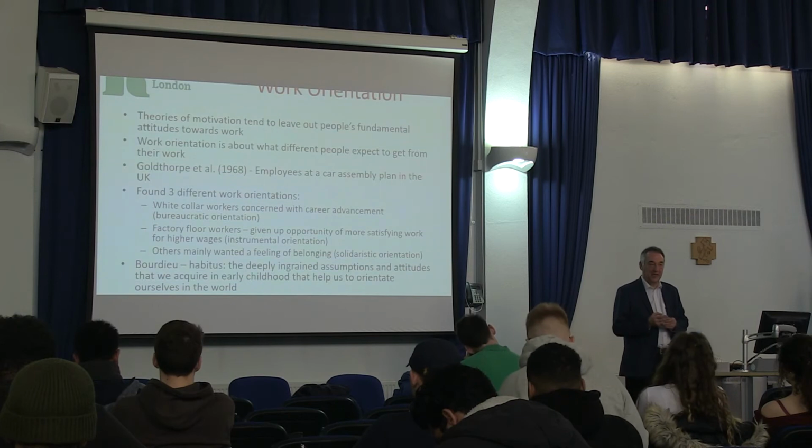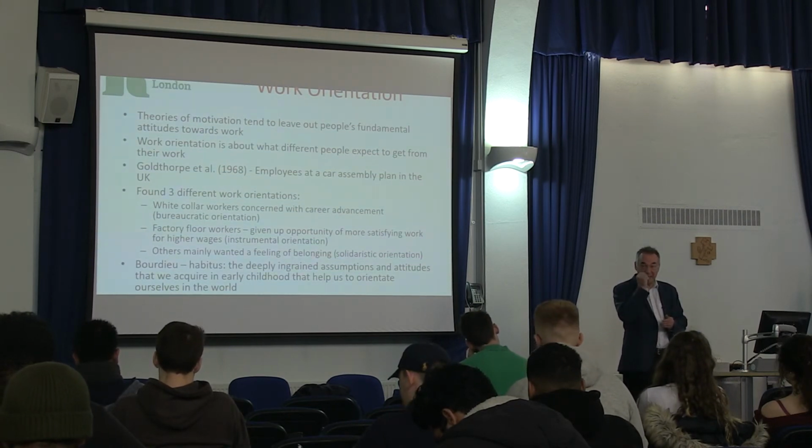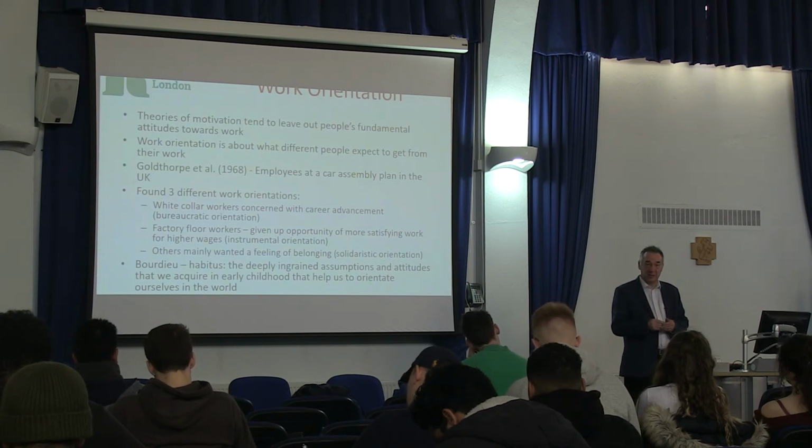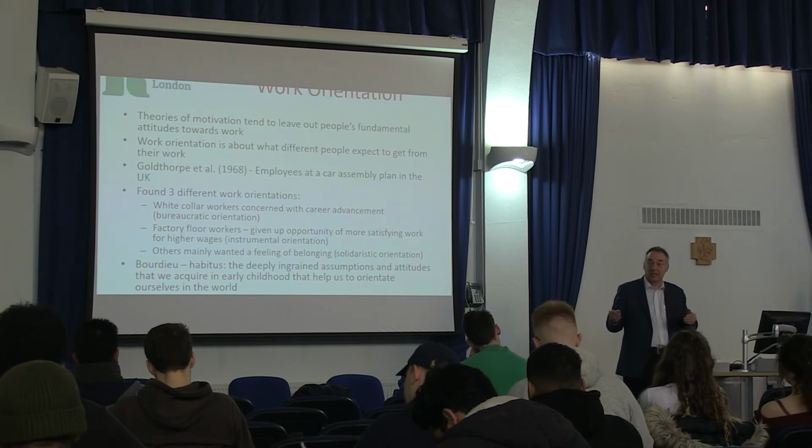But if you see your dad, for example, you're a boy, you see your dad going off every day to work in a suit and tie, carrying a briefcase, and he comes home and talks about how he's having difficulty with organizing his subordinates, then you will take for granted that you will have some kind of managerial professional job because that is what work is.